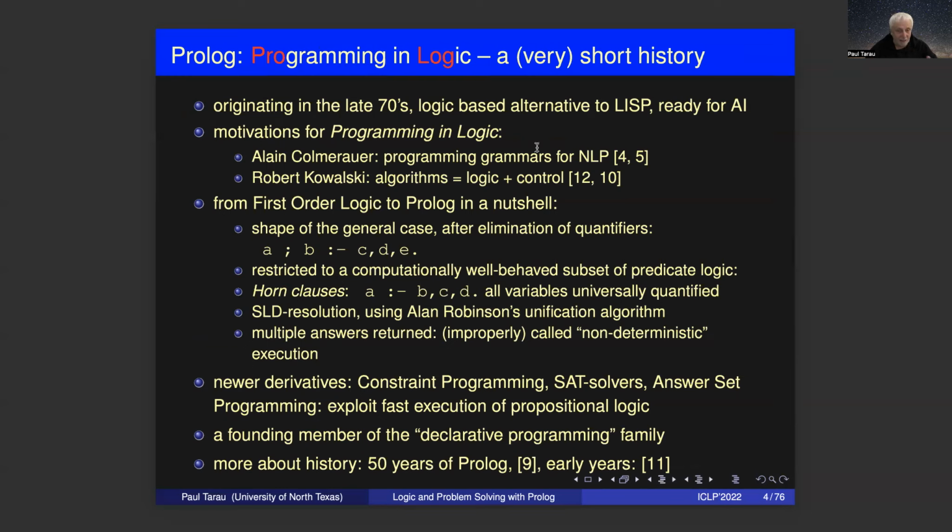So write it down in logic and then have a little bit of extra annotations to control it, and of course, an execution mechanism. So Prolog is a subset of first-order logic. It's the Horn clause subset of it.